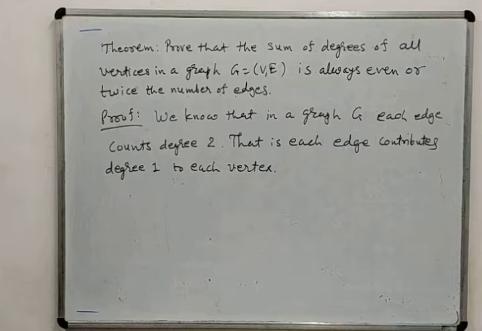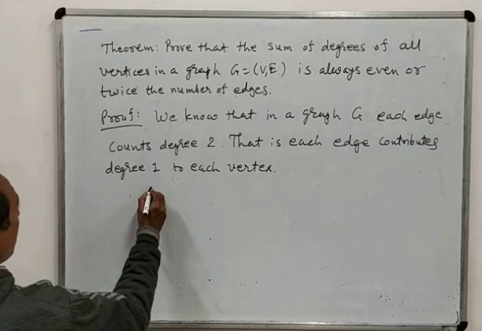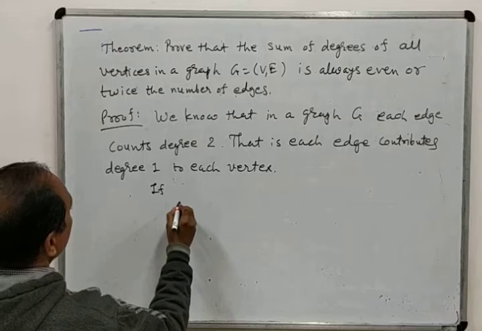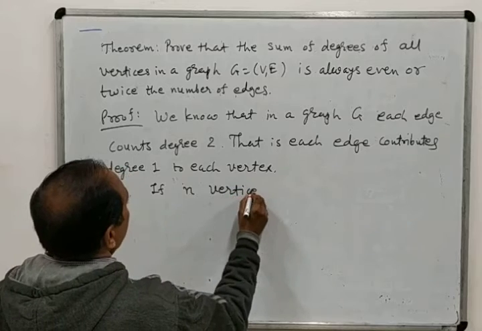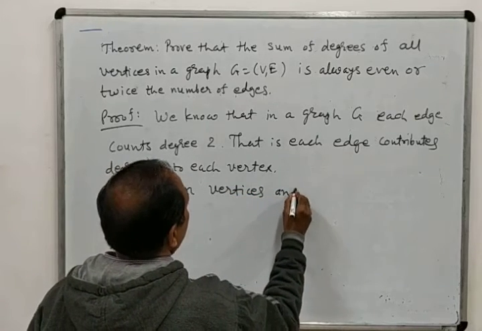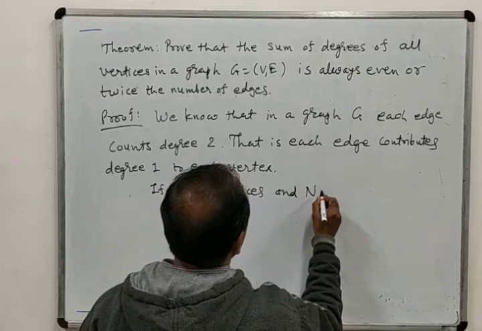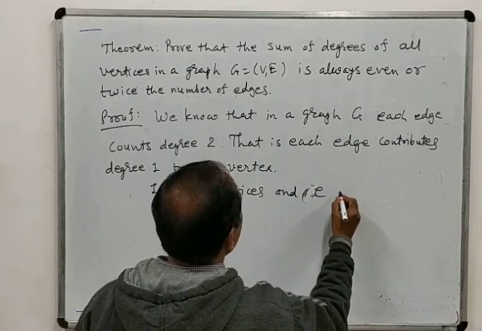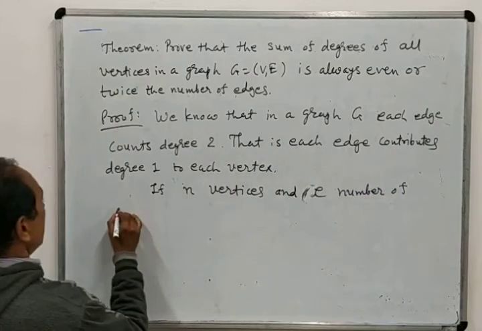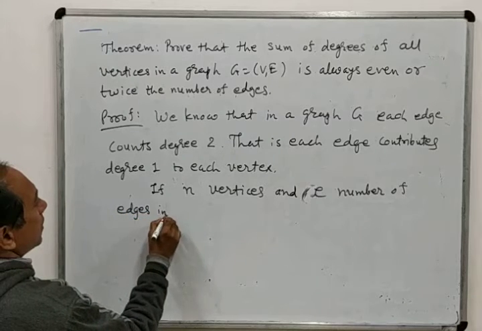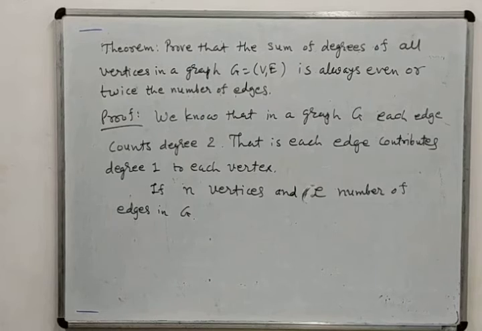So using this concept, suppose there are n vertices and E edges in a graph G. The total number of edges is E, small e.